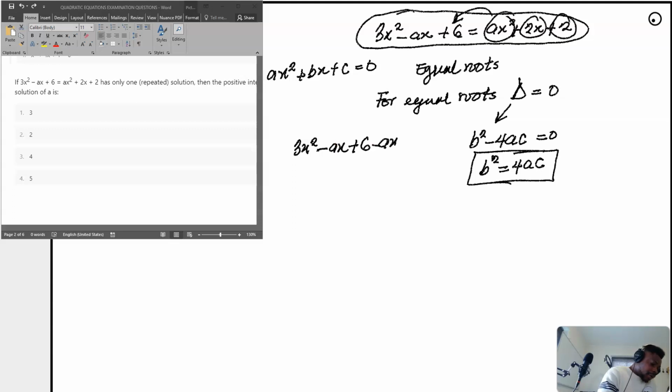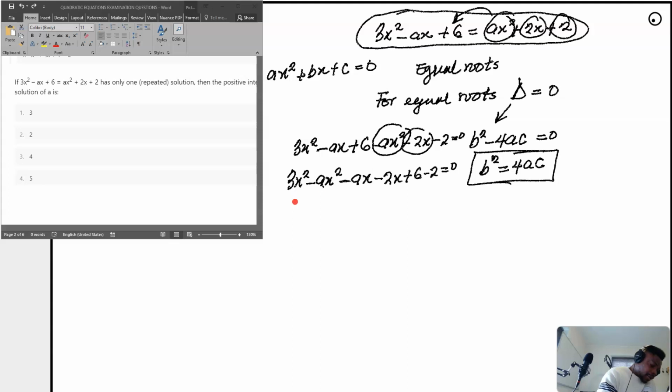So minus ax squared minus 2x minus 2 is equal to 0. Okay, so this is 3x squared and this is x squared, right? So minus ax squared, okay, then minus ax, then which one with the x? Minus 2x plus 6 minus 2 is equal to 0.